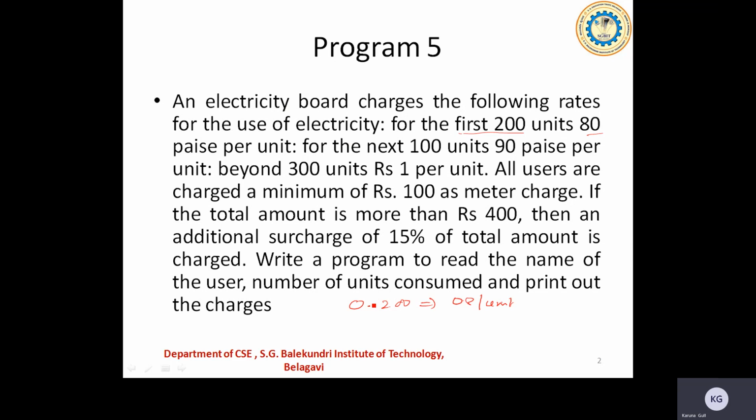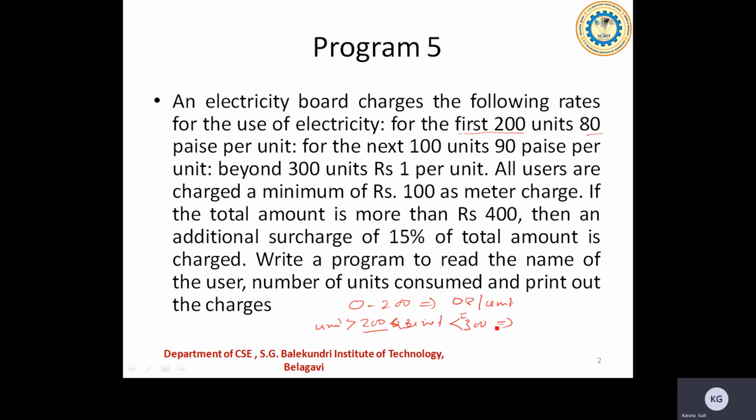If the range is crossed, if it is more than 200, greater than 200, and they are saying for the next 100 units, it means the unit is less than or equal to 300.